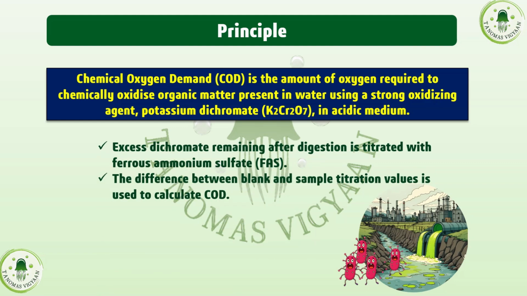After digestion, the remaining dichromate is titrated with ferrous ammonium sulfate, abbreviated as FAS, and the difference between the blank and the sample titration values is used to calculate the COD of the water sample. So this is the complete principle of COD.